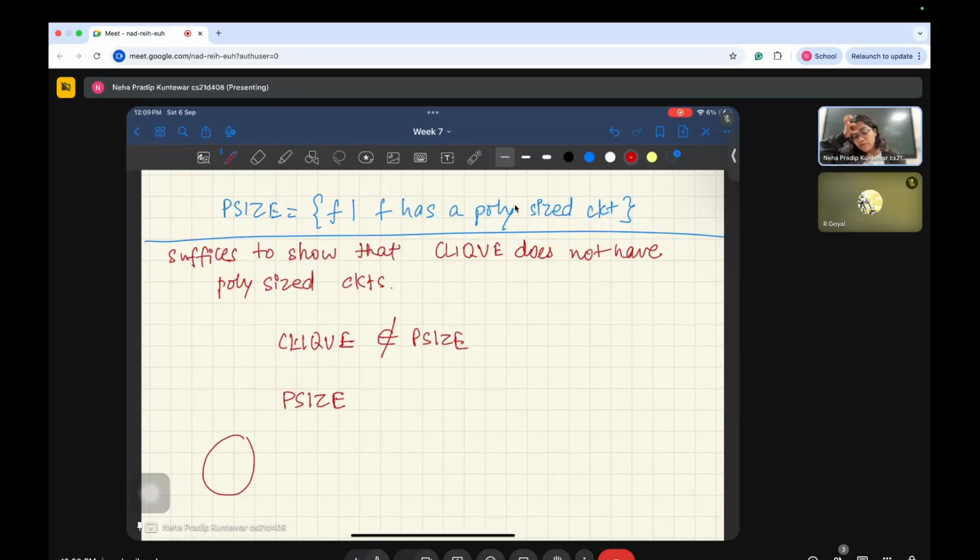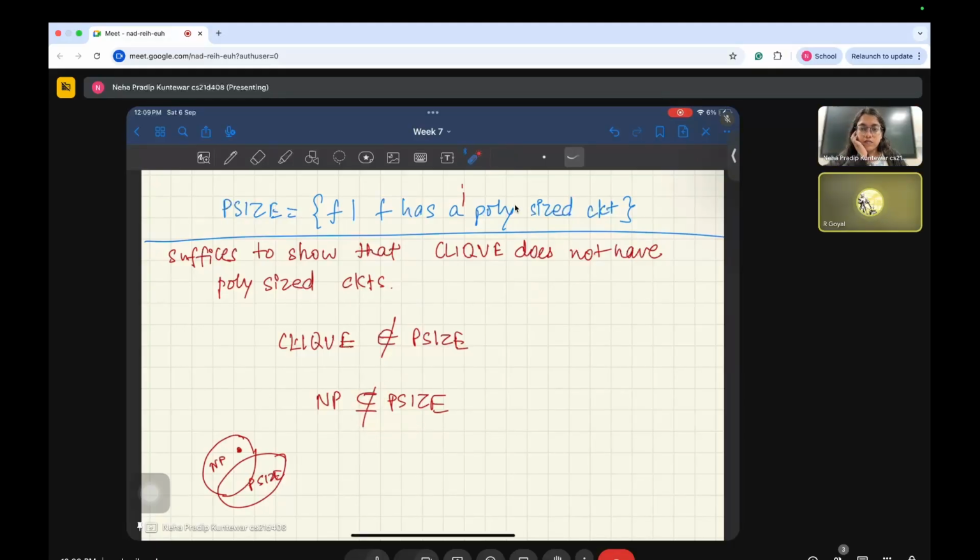There is a language here which is not in P-size. So what that means is, which direction is that, that NP is not contained in P-size. Am I writing the right direction? Sorry, I get confused between the directions.